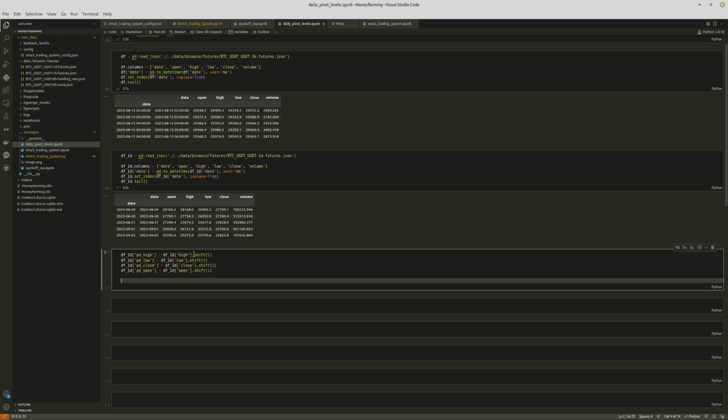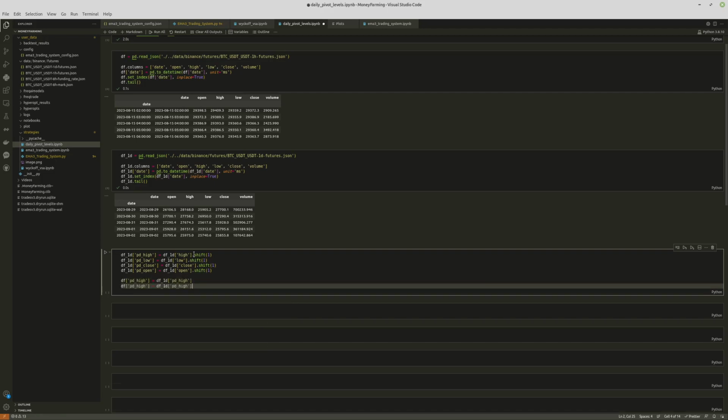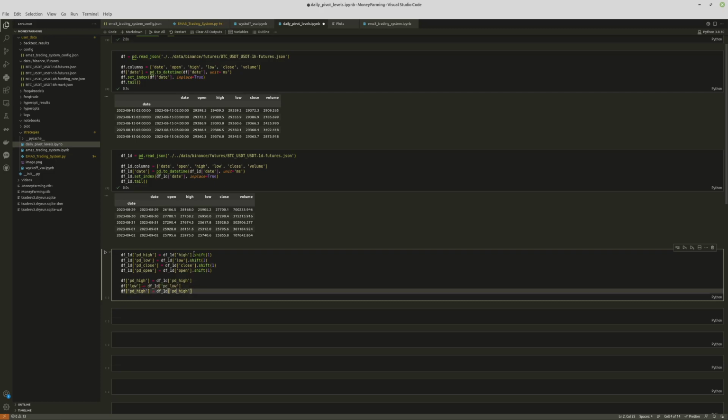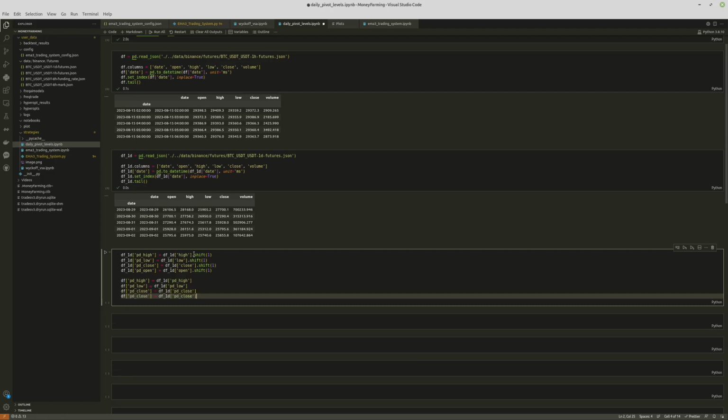Good. Okay, now we want to forward fill it. Previous day high. So we are basically copying the value on the 15 minutes time frame. Previous day close and open.